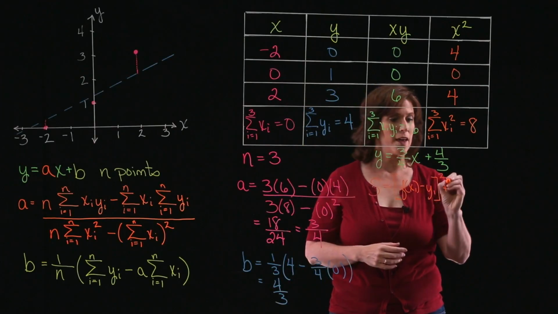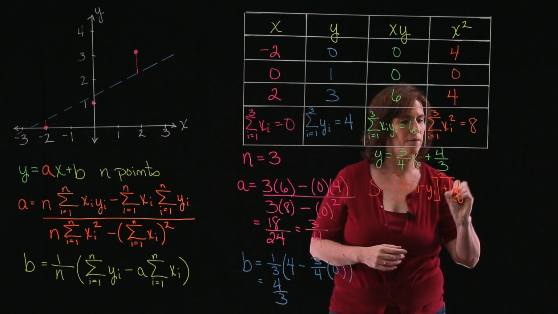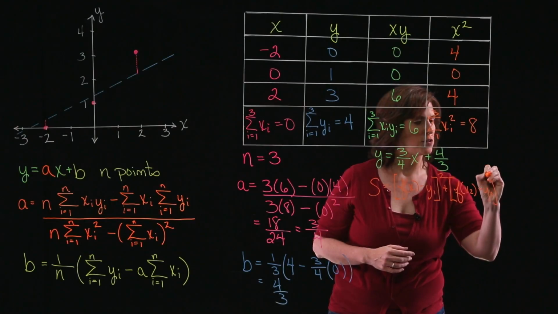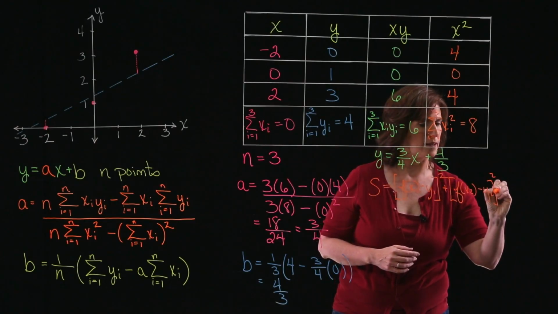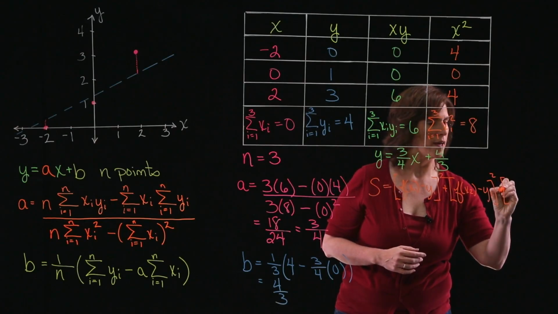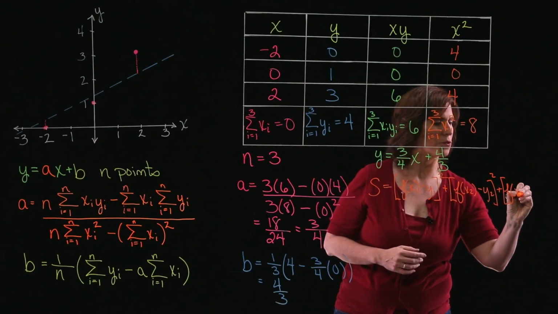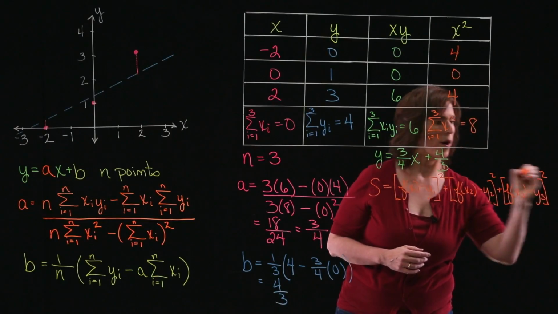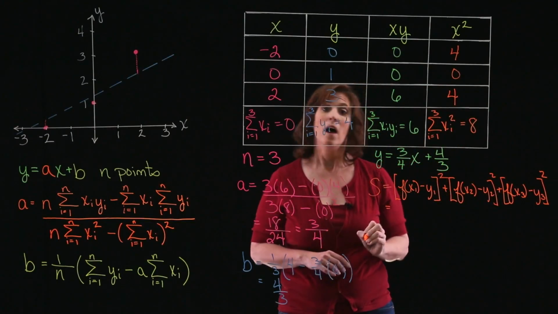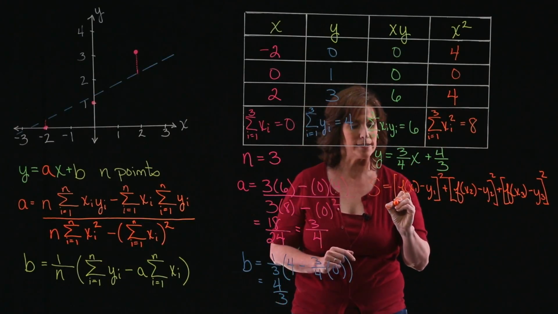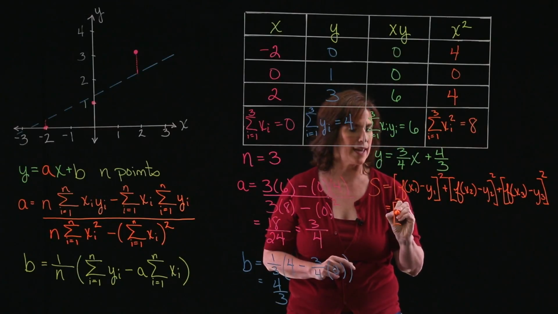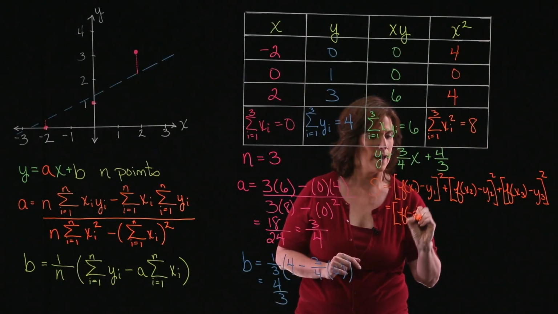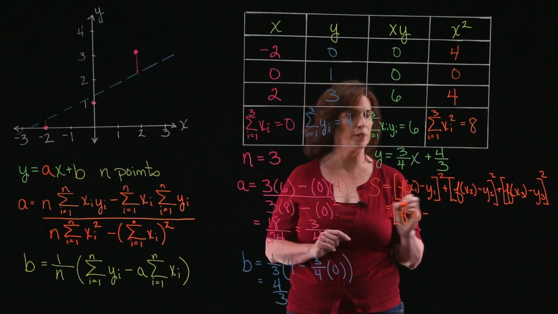Then I'm going to do the same thing for the other data points. So this will be f of x sub 2 minus y sub 2 squared plus f of x sub 3 minus y sub 3 quantity squared. Okay, so in this particular case, I'm going to be taking f of -2 and subtracting y sub 1, which is 0.